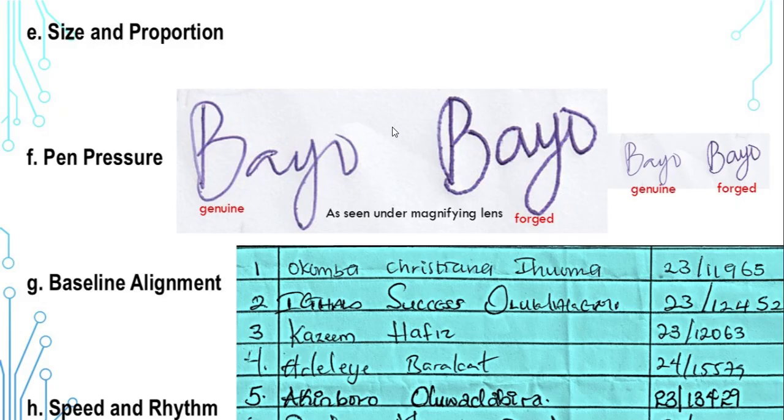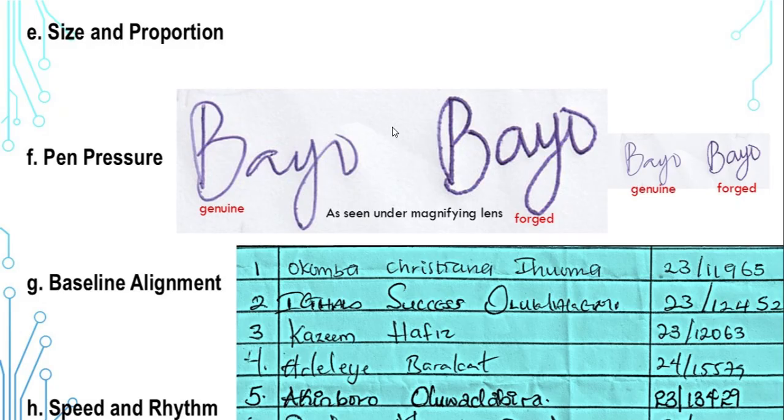If you look at the size of B, A, Y, O, and you ask another person to write the same word, the size of his letters will not be the same as the one written by another person. So this size is unique to an individual writer.